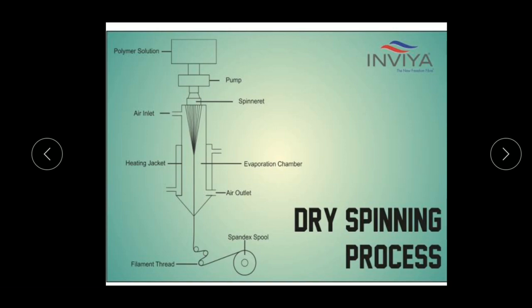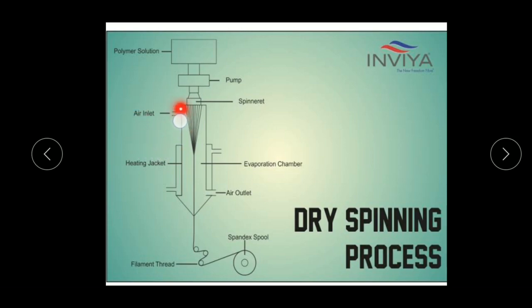As we can see in the schematic diagram of the dry spinning process, at the top there is a tank filled with the polymer solution, which is fed into the spinneret by means of a pump. The spinneret supplies the polymer solution into the evaporation chamber in the form of thin layers.